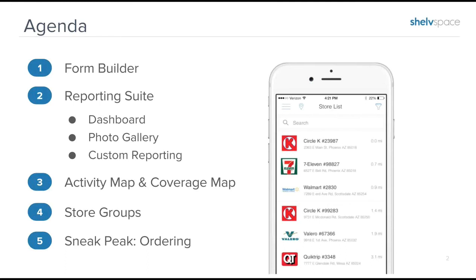We've made some great new additions there, so I think you guys will be really excited about what you see there. Then we'll go over the new store groups feature, which is really how to utilize that and push that down to mobile. And the last thing, we'll just give you a sneak peek into ordering, which we've started to roll out to a few pilot groups.